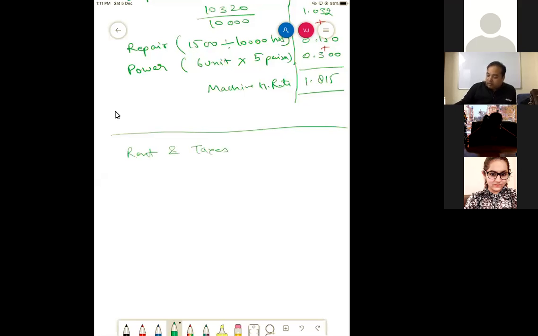We are noting what comes under standing charges. So rent and taxes. Lighting expenses.